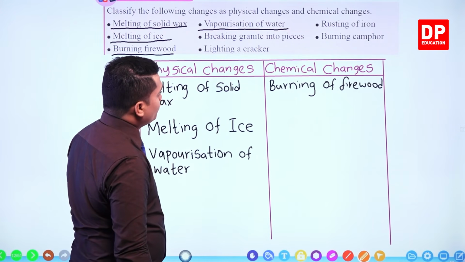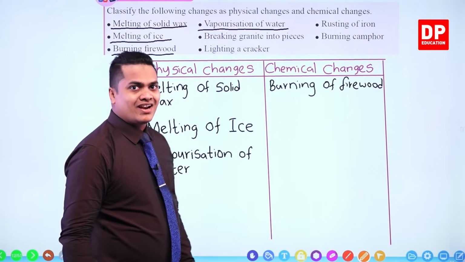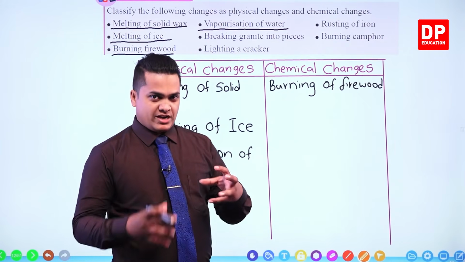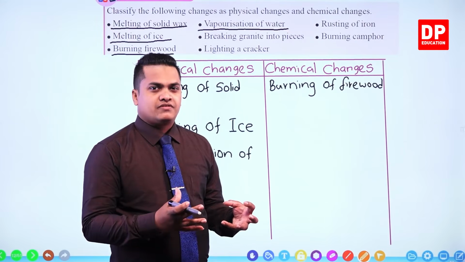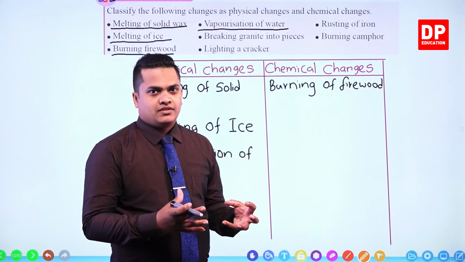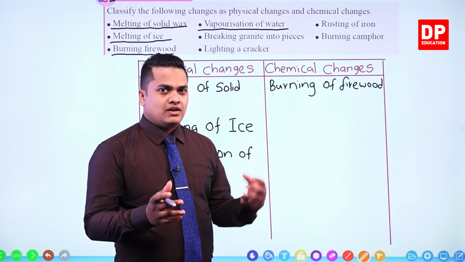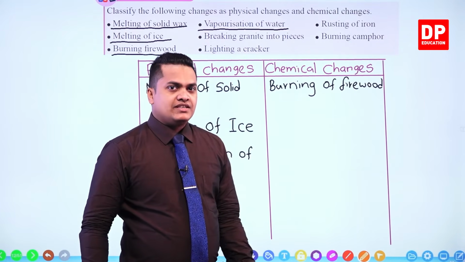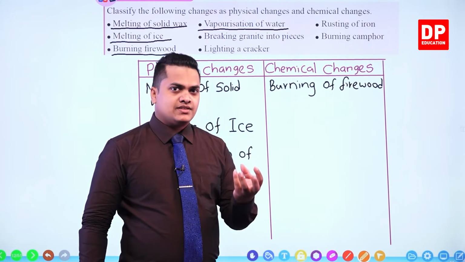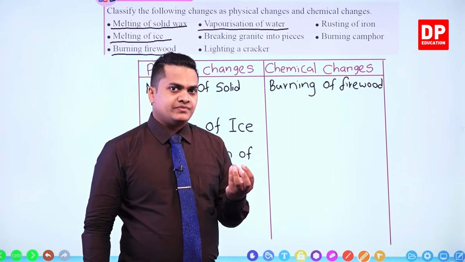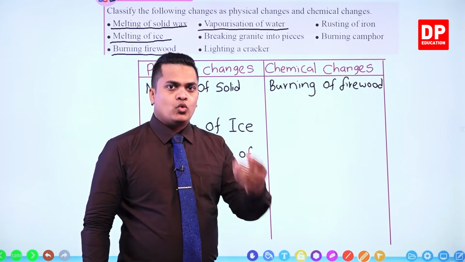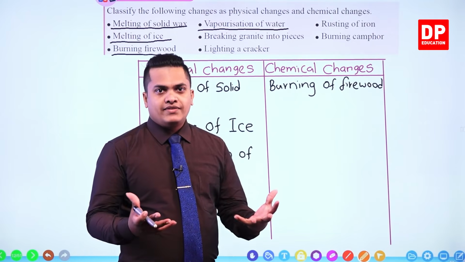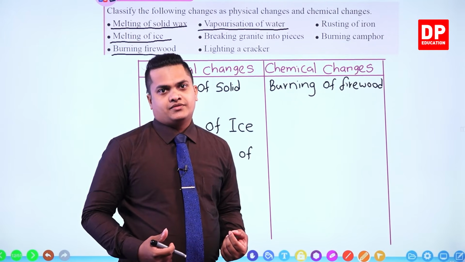Breaking granite into pieces is a very common example for a physical change. I think you would remember in the earlier part when we were discussing physical and chemical changes, I took a piece of salt as an example. A piece of salt crushed into small pieces to make powder. Only the size is getting changed.